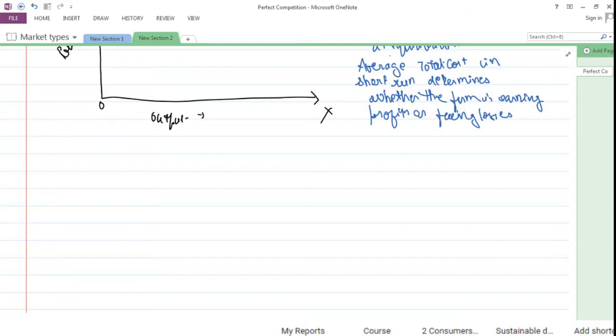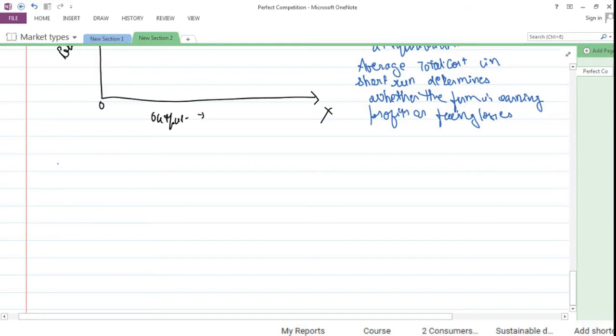So what we would be seeing is that we would be drawing two figures and three diagrams basically. The first diagram would be saying what is the normal scenario, or what is the general scenario in which the firm is having a normal profit.